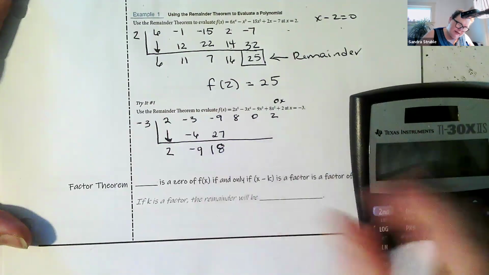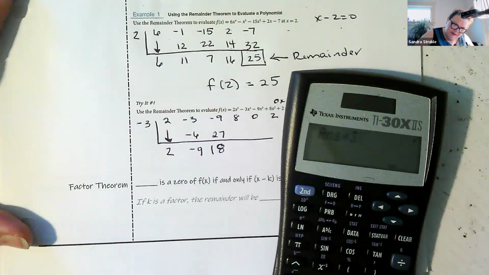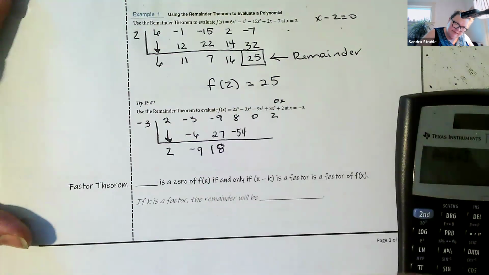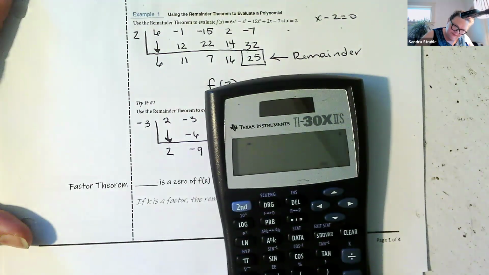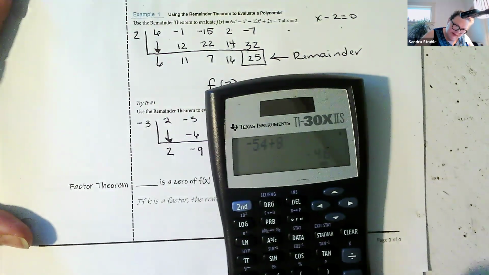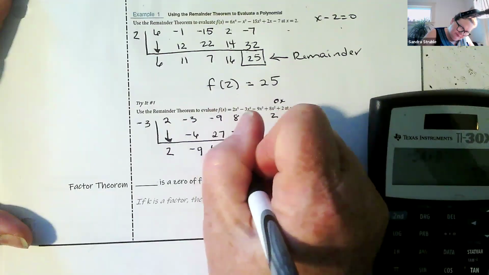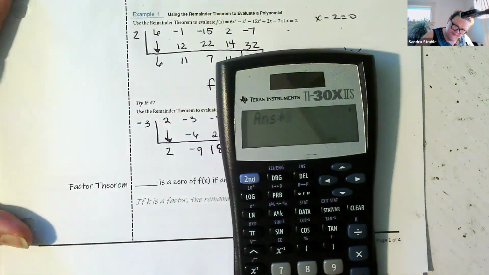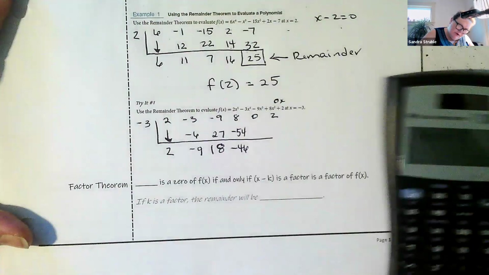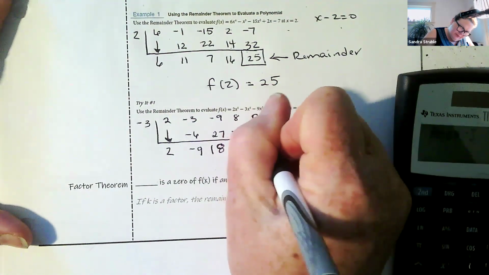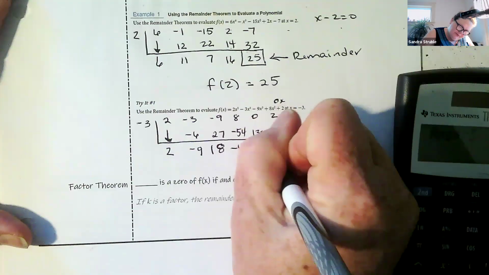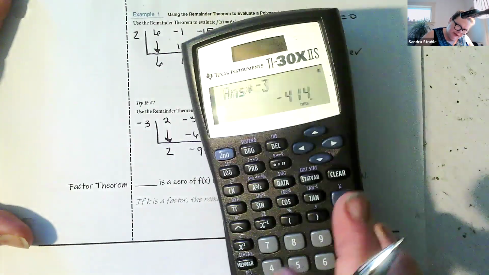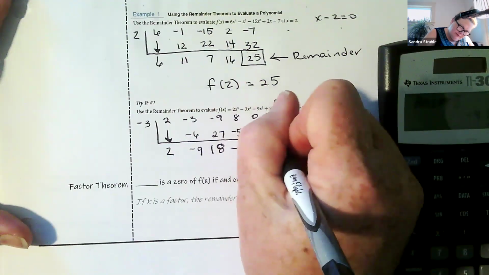And then -3 times 18, -54, plus 8 is -46, times -3 is +138, plus 0 is 138, times -3 is -414.